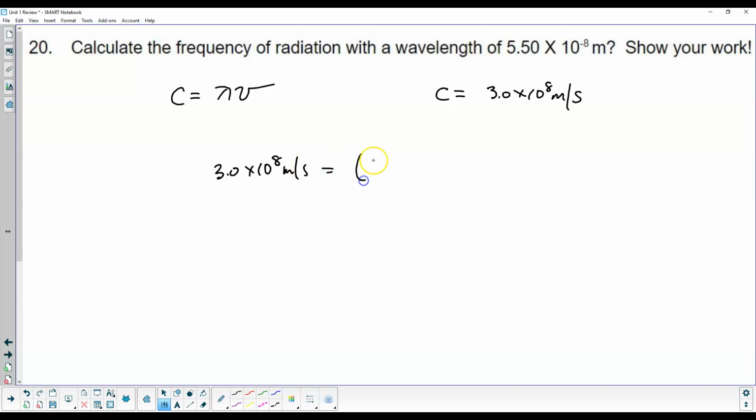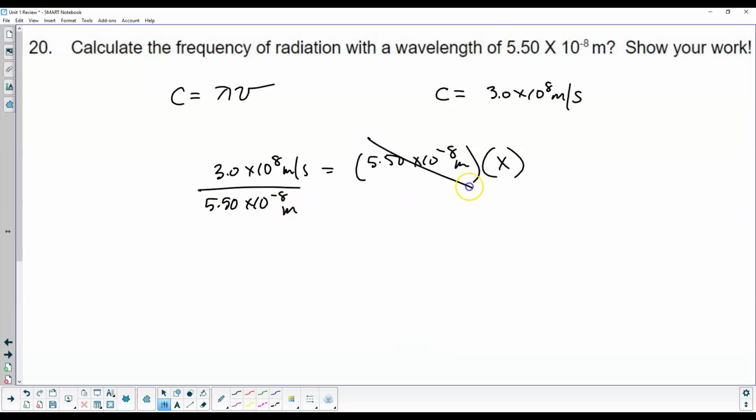The wavelength is 5.50 times 10 to the negative 8th meters. Frequency, we do not know. How do you solve for this? Well, you're going to divide by 5.50 times 10 to the negative 8th meters. The meters goes away.